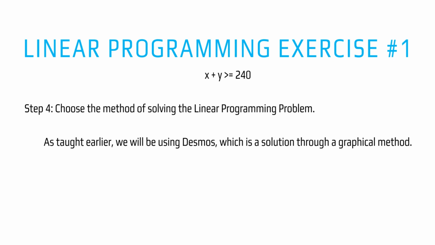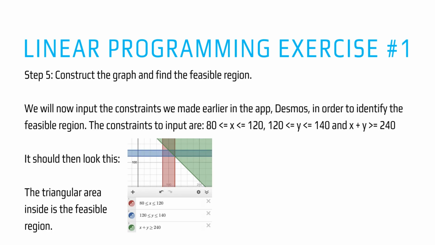Now, moving on to the next step, we must choose the method of solving the linear programming problem. As taught earlier, we will be using Desmos, which is a solution through a graphical method. Now we proceed to step 5. We must construct the graph and find the feasible region.